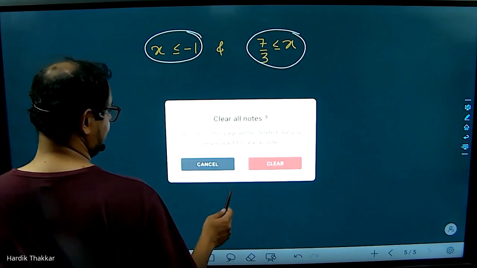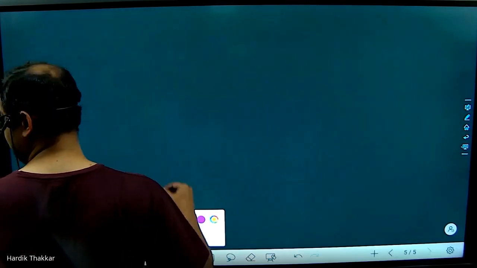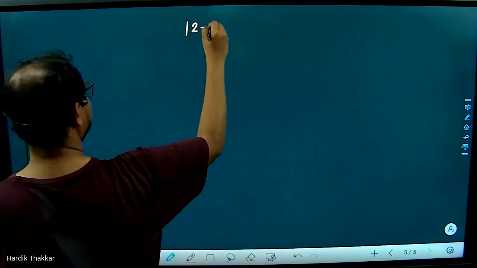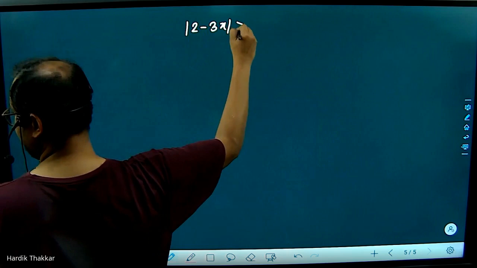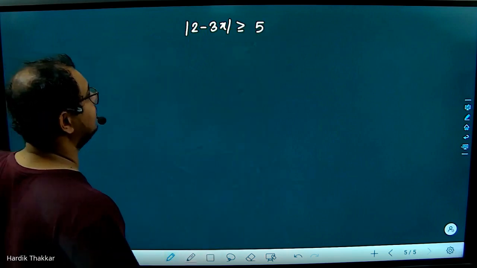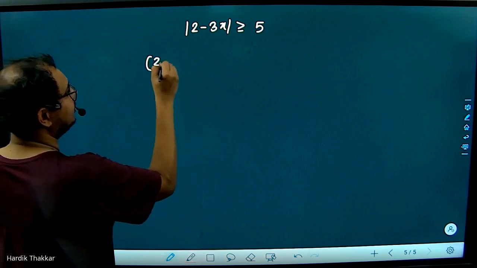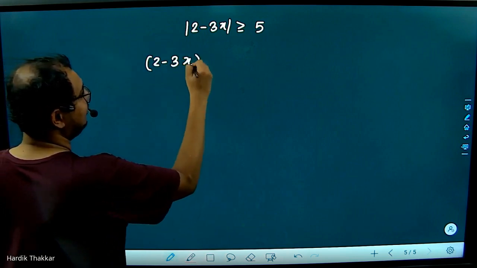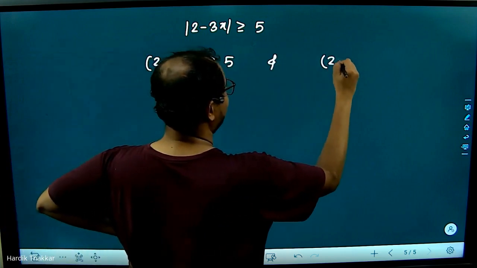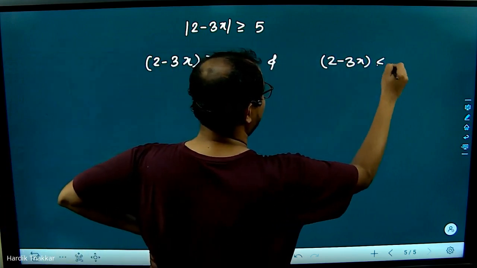Okay, let's check. So here it is mod of 2 minus 3x greater than or equal to 5. First step you have to do is 2 minus 3x greater than or equal to 5, and the second case will be 2 minus 3x less than or equal to -5.